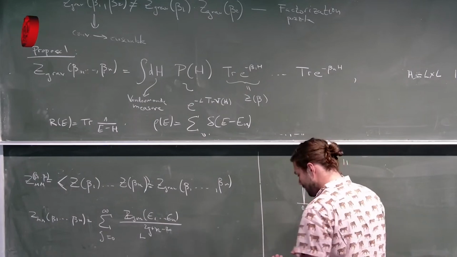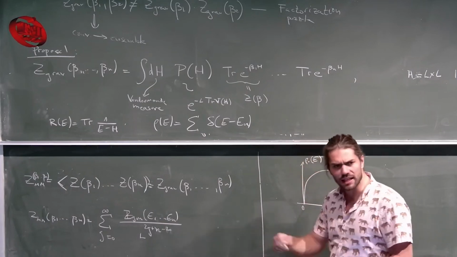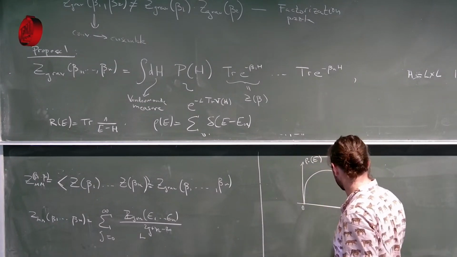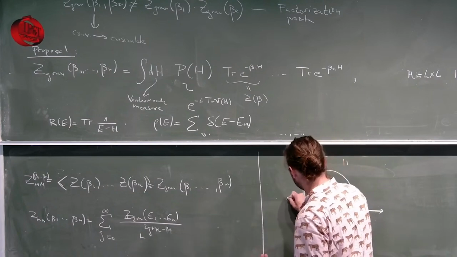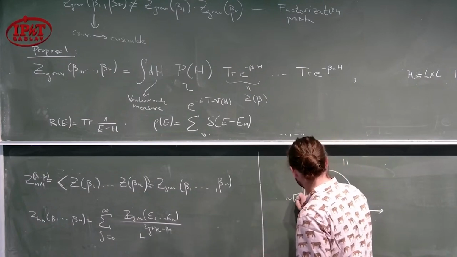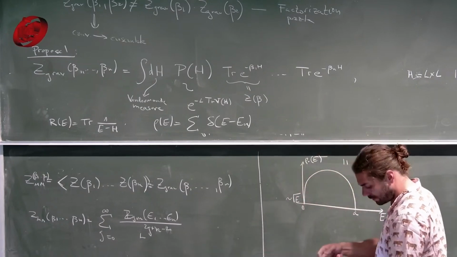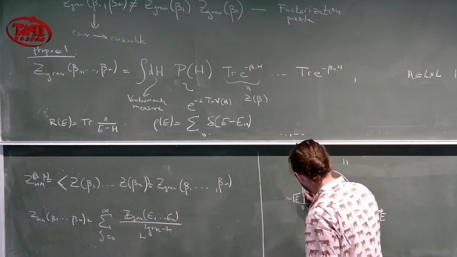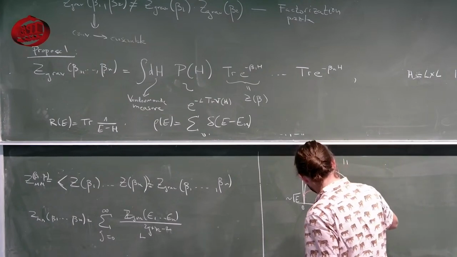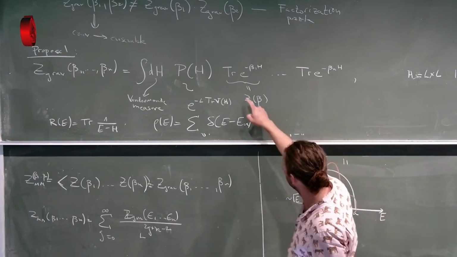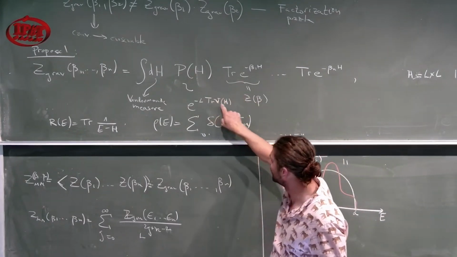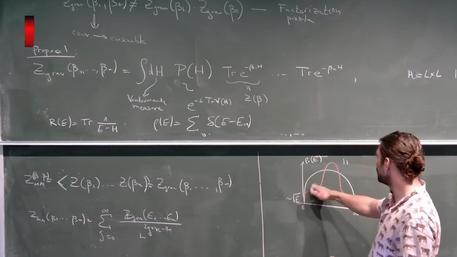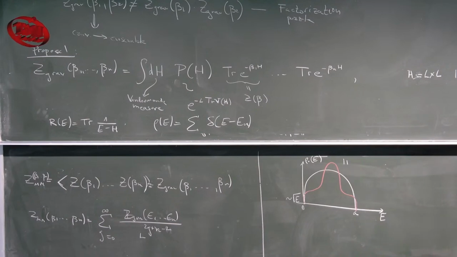The universal aspect that is already tantalizing is that the leading density of states, as it approaches one of the edges, goes like square root of E. So even if I change the potential, as long as I keep P of H to be e to the minus L trace V of H, I still keep the square root edge, but I can change the overall edge of this potential.